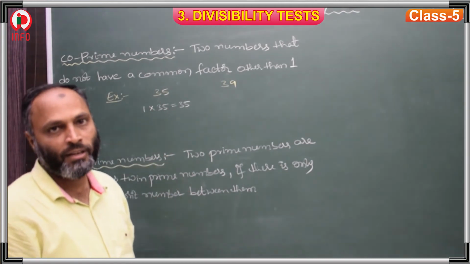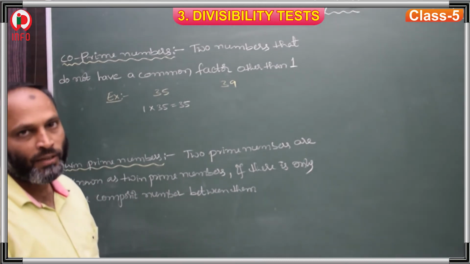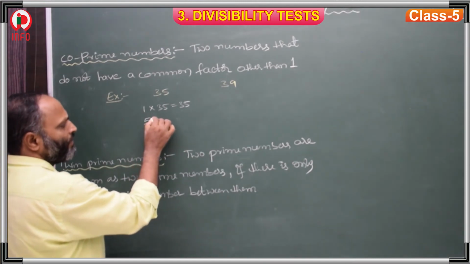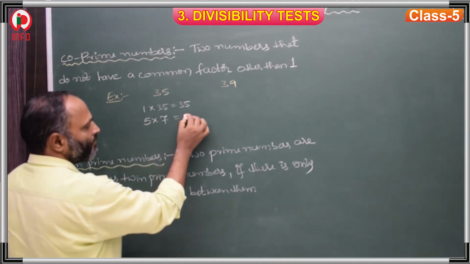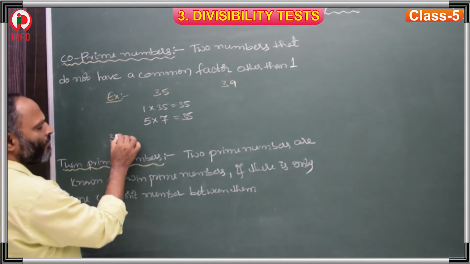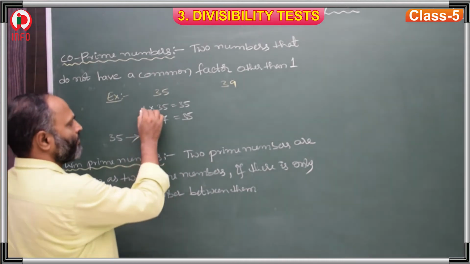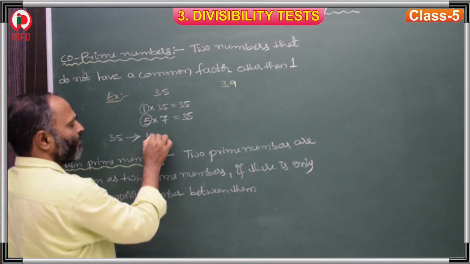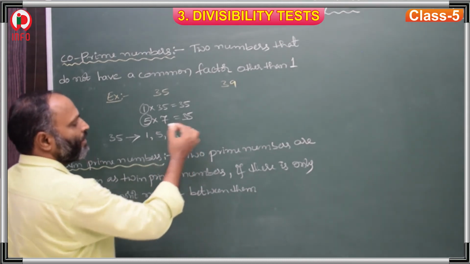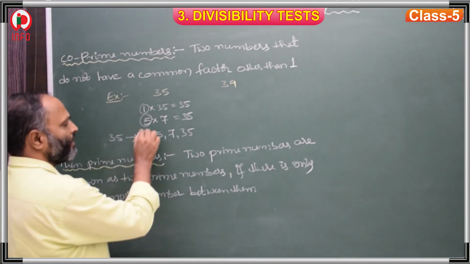It is also not divisible by 4. In 5 it will go: 5 sevens are 35. So the factors of 35 are 1, 5, 7 and 35. These 4 are the factors of 35.